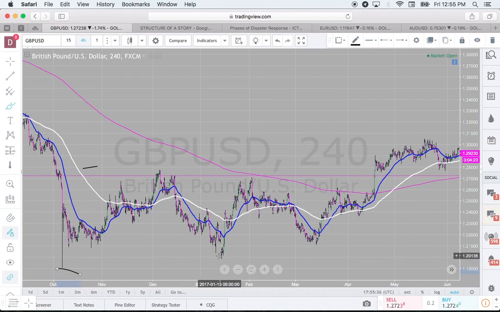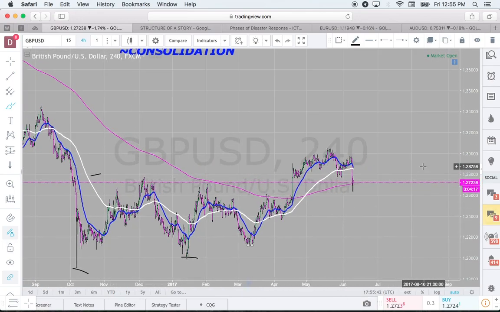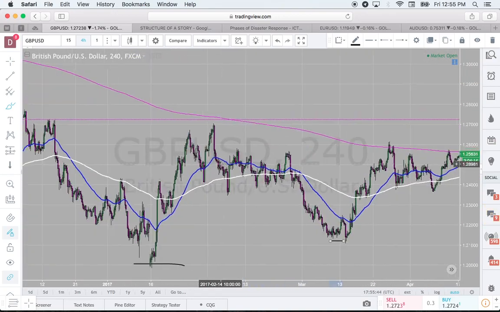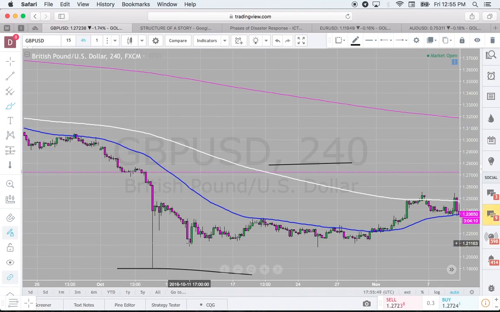You can see it did not break that low and has continued upward.